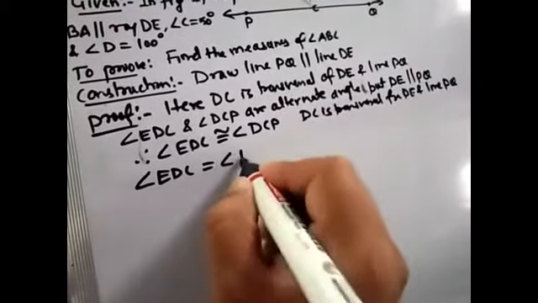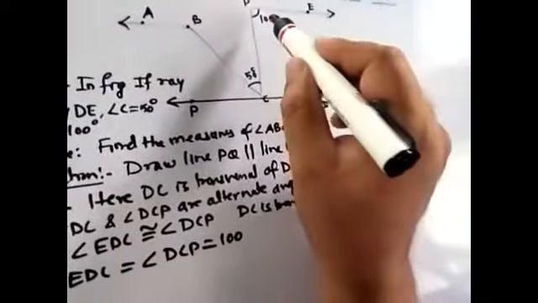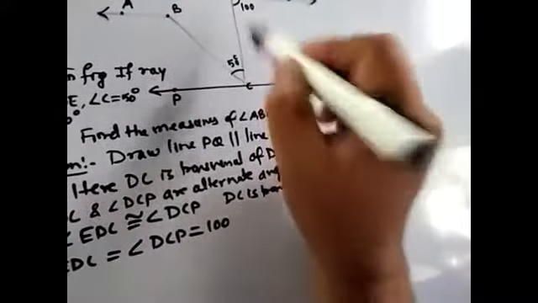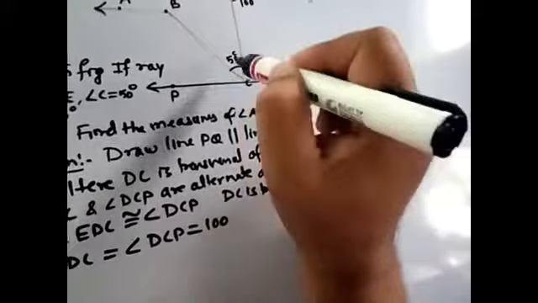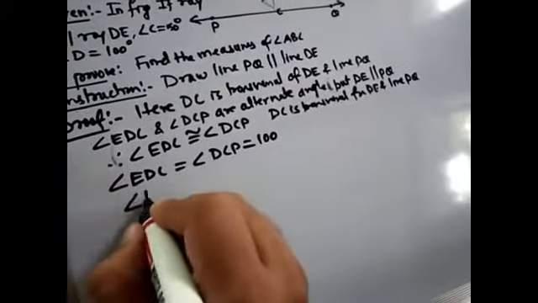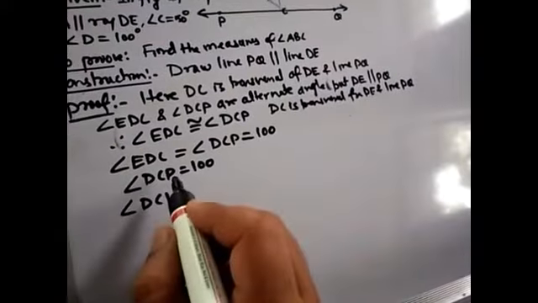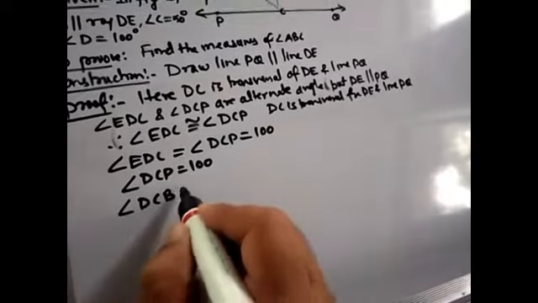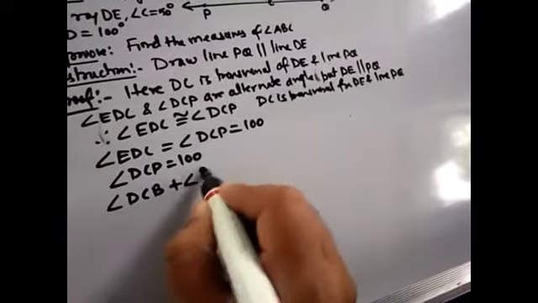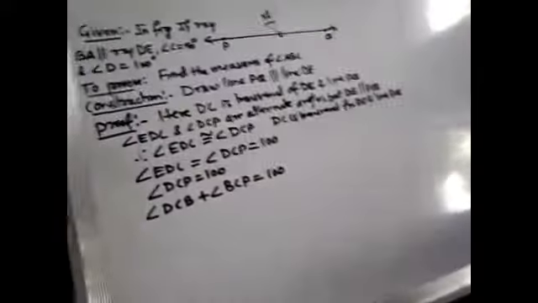Now angle EDC is equal to angle DCP is equal to 100 degrees. See, EDC, this angle is 100, then DCP, this angle, is an alternate angle. So angle DCP is equal to 100, DCB plus angle BCP is equal to 100. Put the values of DCB.